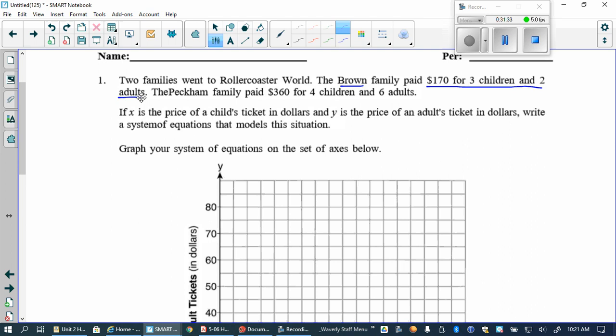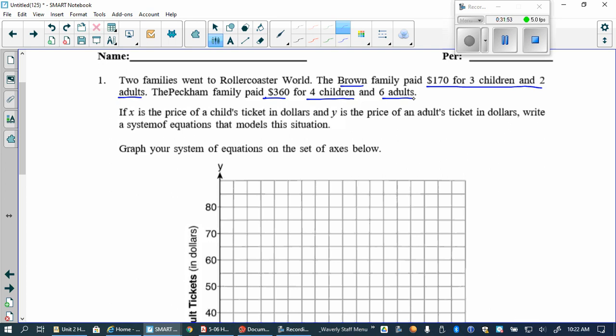Okay, what about the Peckhams? The Peckham family paid $360 for 4 children and 6 adults. Well, can we use C and A for this, by the way? Why do we have to use X and Y? Because the Regents question says to. You've got to use what they say to use, right?